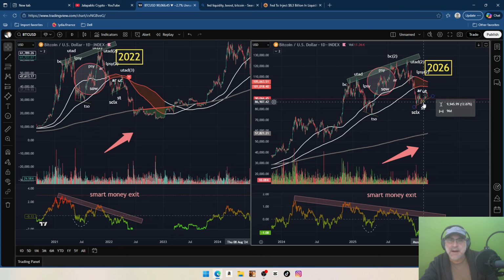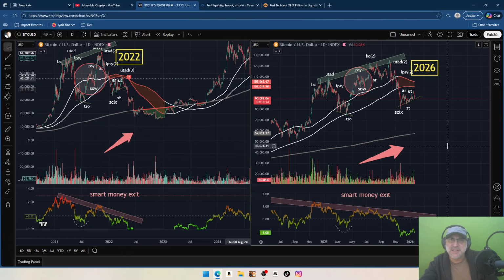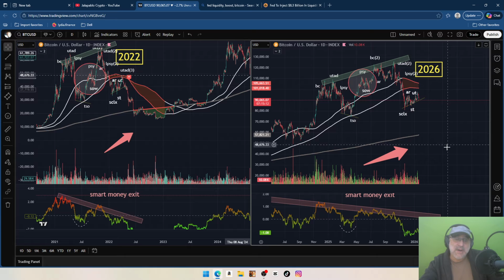That's the nuclear bomb that's going to send the price down to the inevitable rendezvous with the 200 weekly, where at that point it should be closer to $60,000. So anyway, that's what I'm looking at.